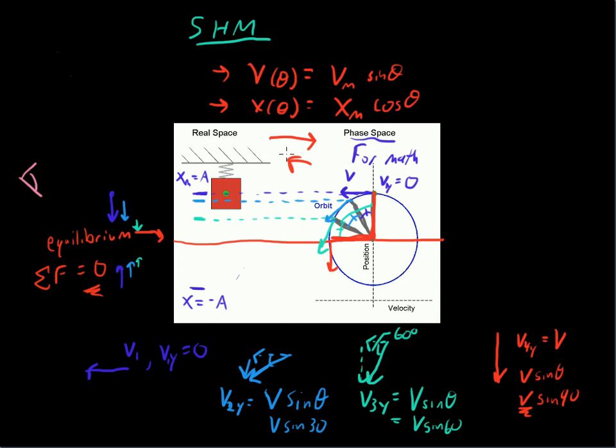Hopefully this helps you to see the relationship between these two, because it is of fundamental importance. We're not going to be focusing so much on this in the future. I'll bring it back a little bit, but we're going to be doing a lot more with just springs in general and more of an experimental basis next.